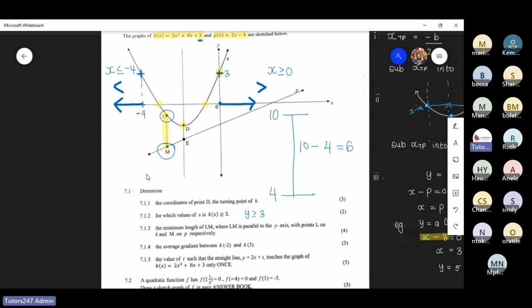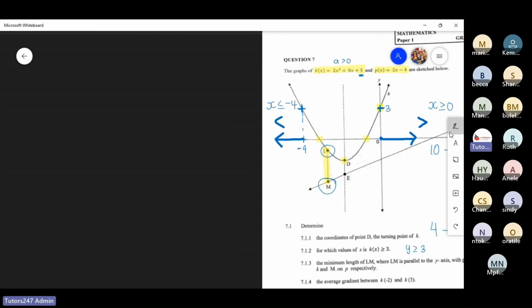Let's do that on the side. So this is question 7.1.3. So in order for us to find the length LM, we're going to say k of x, which is the top function, minus p of x, which is the bottom function. Now, from there, what is our function of k of x? Let's sub that in.